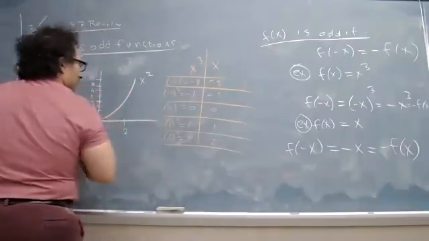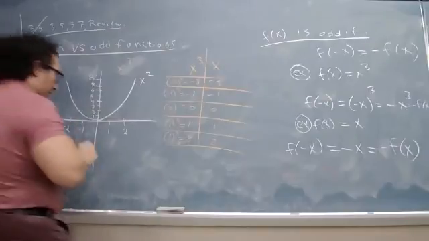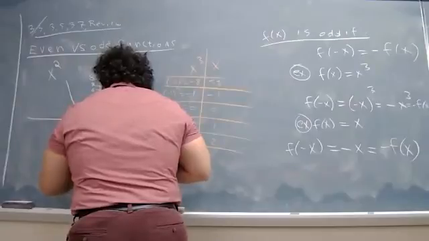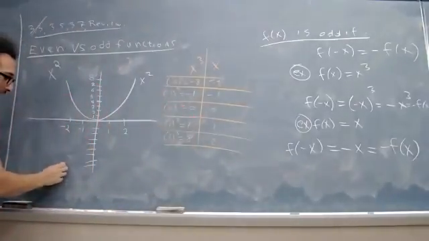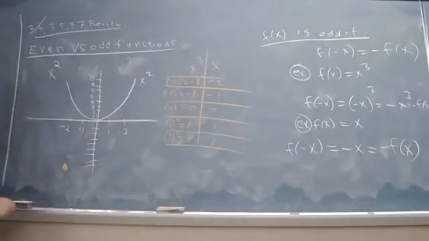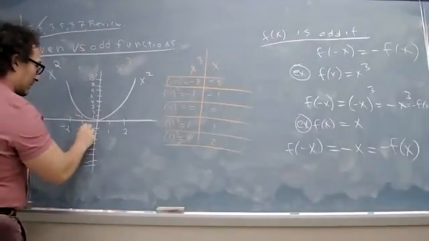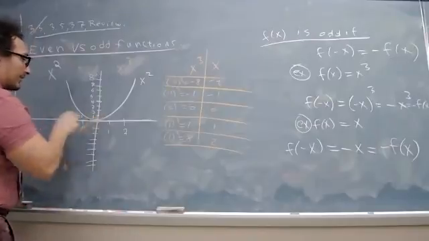All right, let's go to negative 2. Let's find where negative 8 is. Oh, we got to go 1, 2, 3, 4, 5, 6, 7, 8. We got a negative 2. We find a negative 8, and we put a dot. We go to negative 1. We find a negative 1. We put a dot. We go to 0. We find a 0. We put a dot. We go to 1.